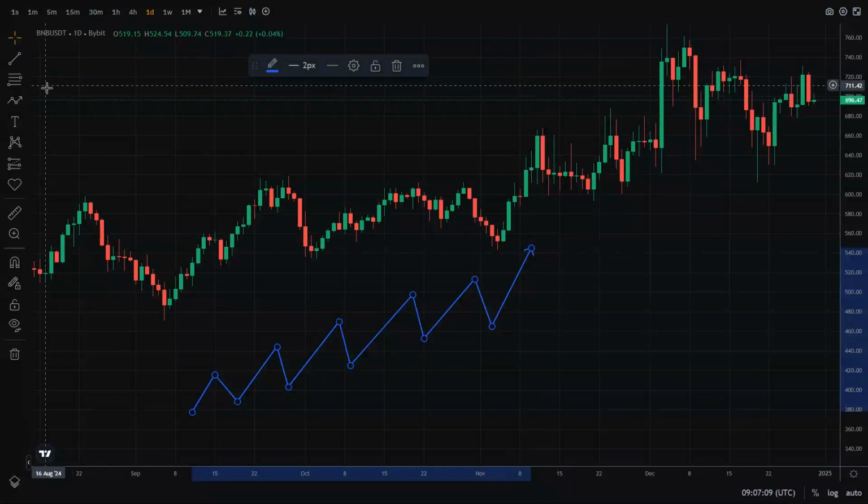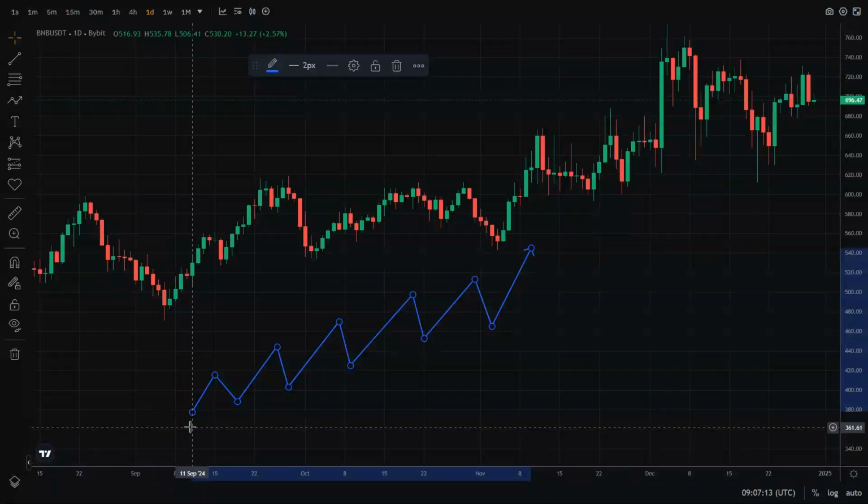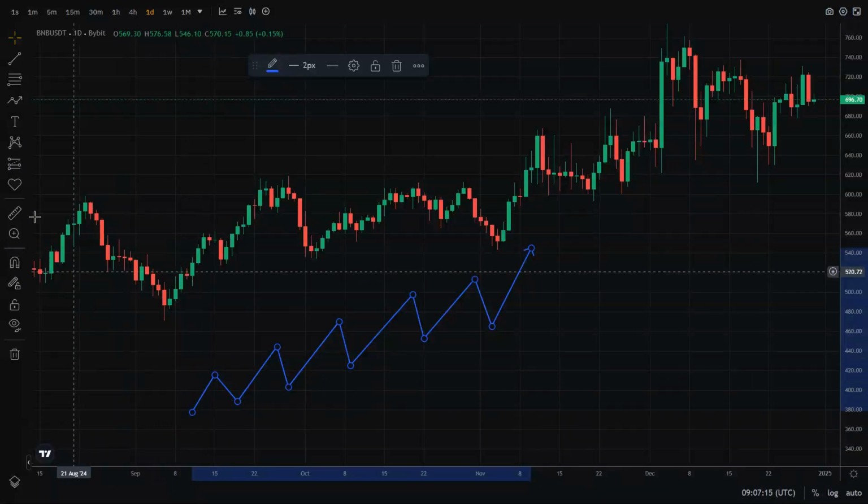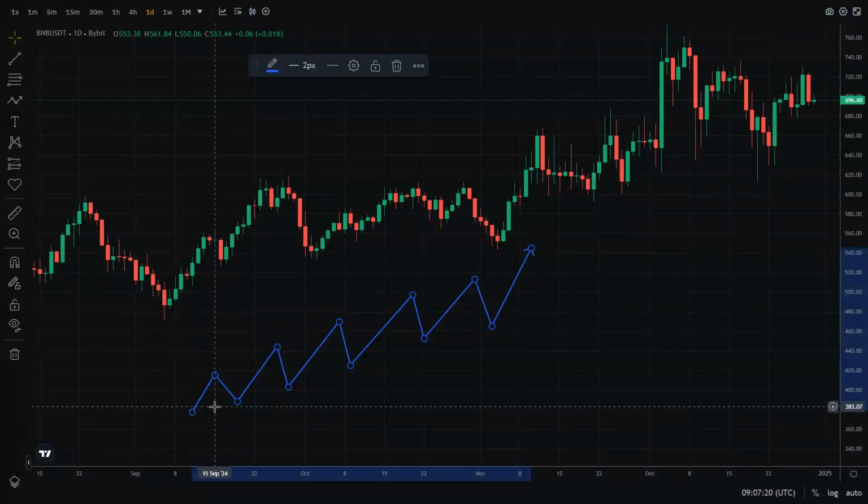This is an uptrend. Like we said, an uptrend consists of higher high and higher low. I'm very sure that you guys still understand this, so I just want to make it a refresher course so you can understand what we're saying. So this is a high. This is a low.